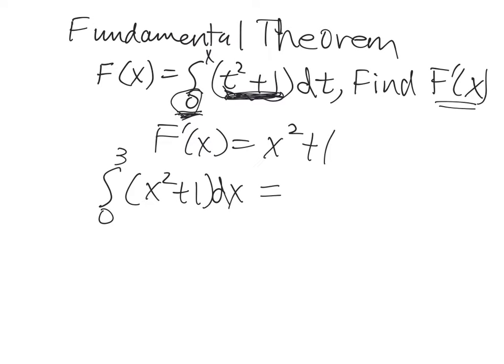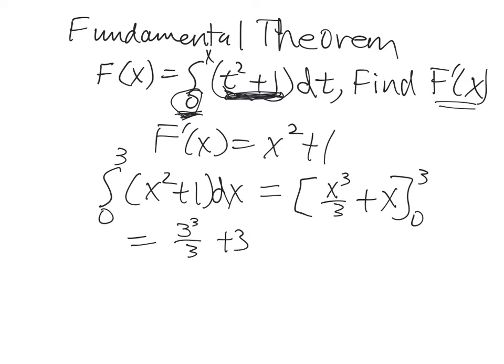You do it whatever way you want, which is probably the fundamental theorem. But calculate your antiderivative of this, and then go from 0 to 3, f of b minus f of a, minus, make sure you get the parentheses in there. Of course, if it's 0, most of the time, not always, but most of the time that part's going to be 0. But double check every time.